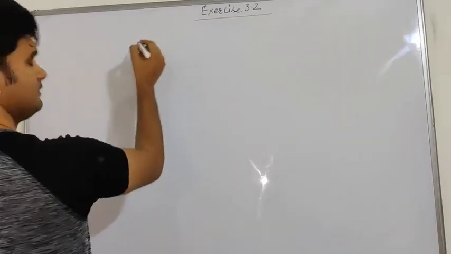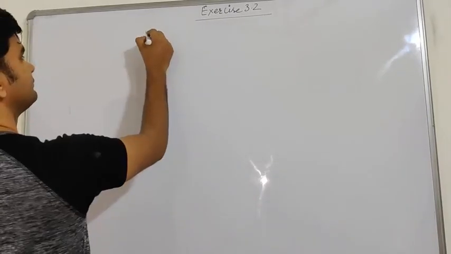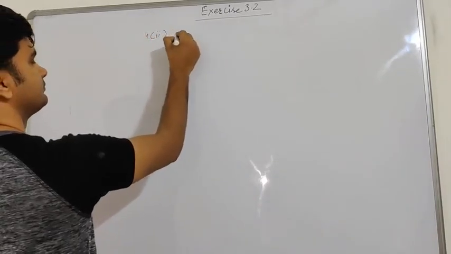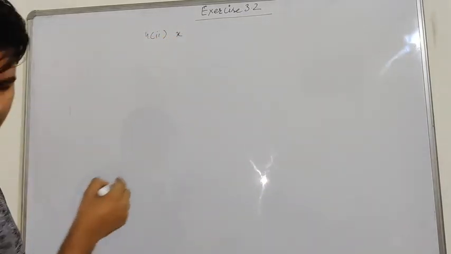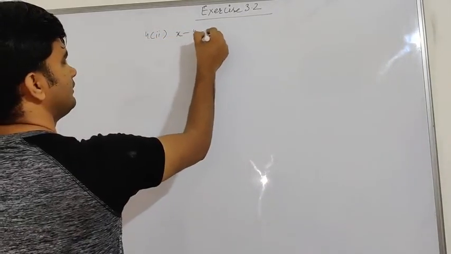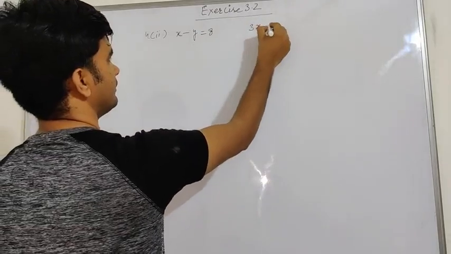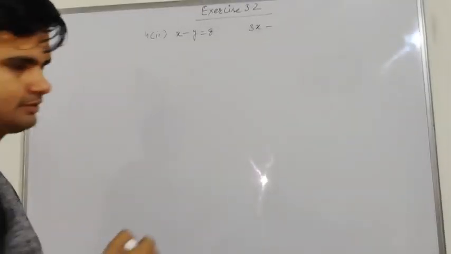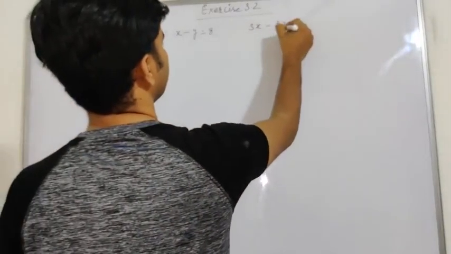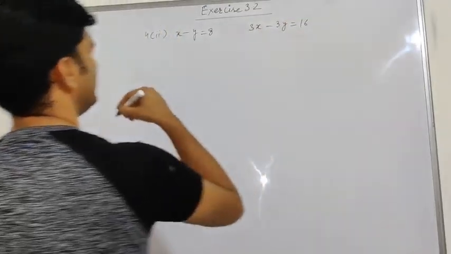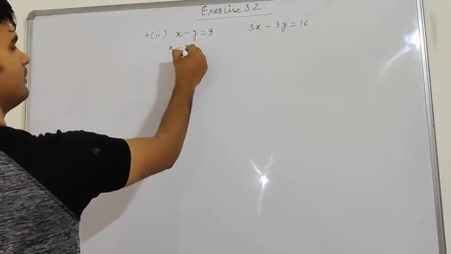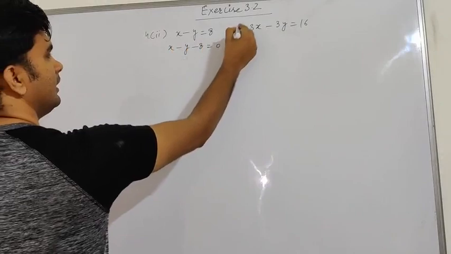Next equation is x minus y is equal to 8, 3x minus 3y is equal to 16. x minus y minus 8 is equal to 0.